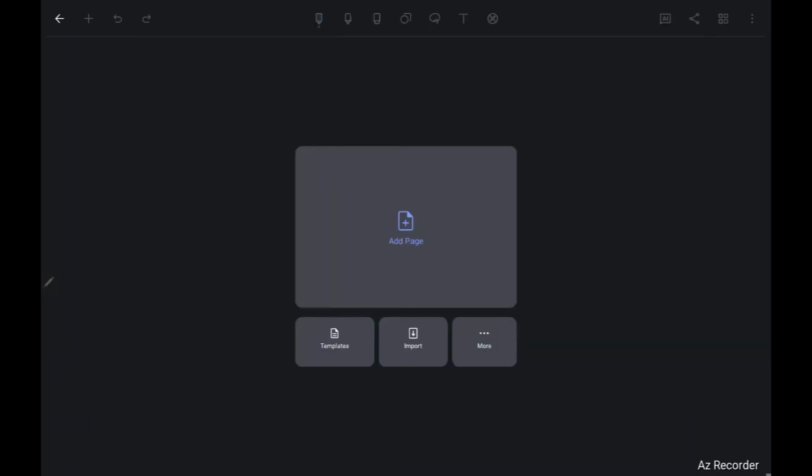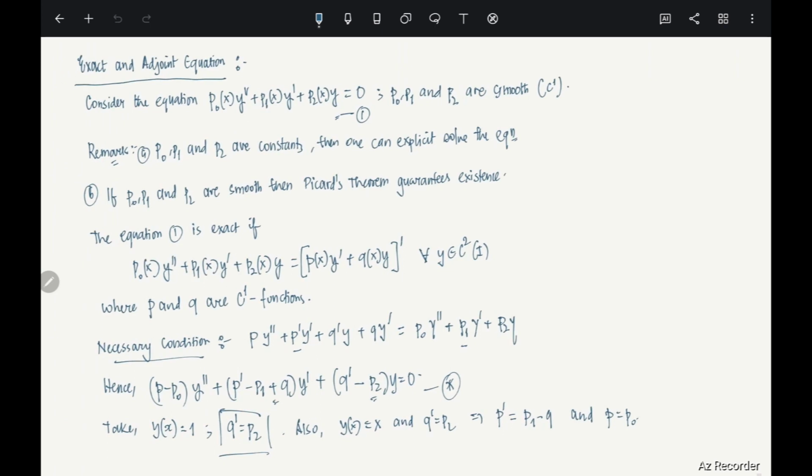No, it's okay. Yeah. Okay. So now you see, therefore, these equations imply, what does it imply? You see, p prime is p1 minus q, p equals p naught, right? So p naught prime is p1 minus q. That's what you are going to get, right?